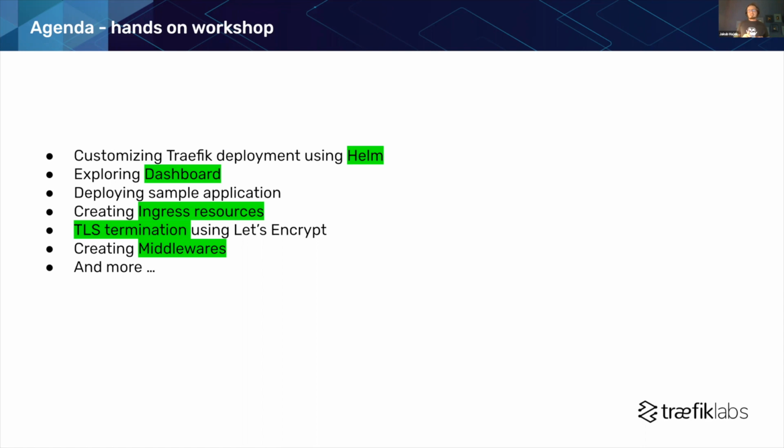We'll deploy a sample application and try to expose that application to our users. We'll use TLS termination and Let's Encrypt, which is a part of Traefik. We'll play with middlewares that can do some magic with incoming and outgoing requests. And we will see what our timing is and what more I can show you.